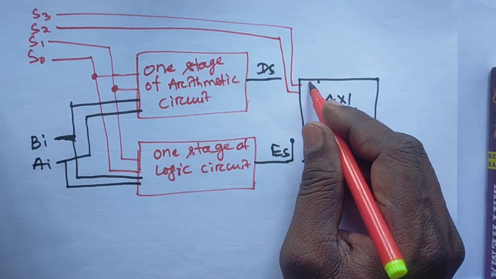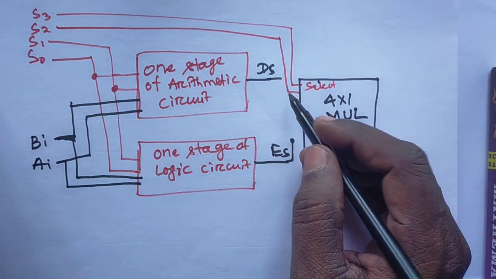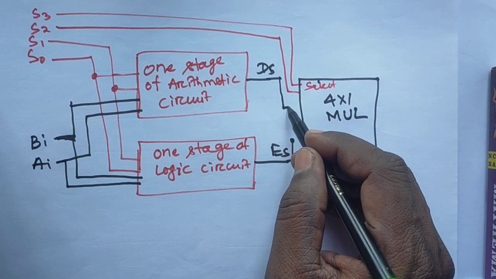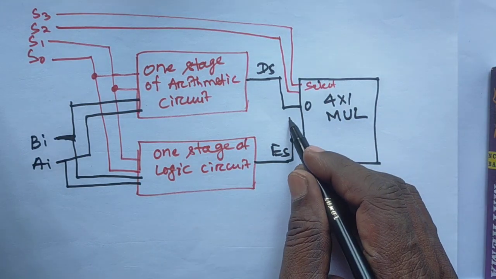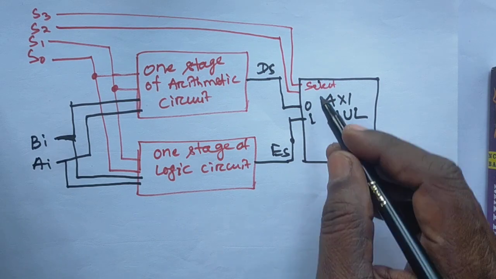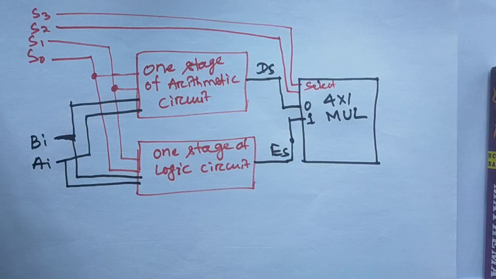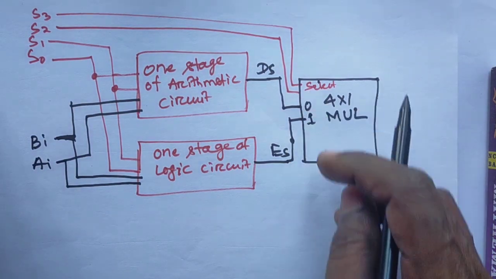This arithmetic data connects to 0, and this logical data connects to 1. Since S2 and S3, these two selection variables, we consider, then what happens? 4 positions of data we can take.